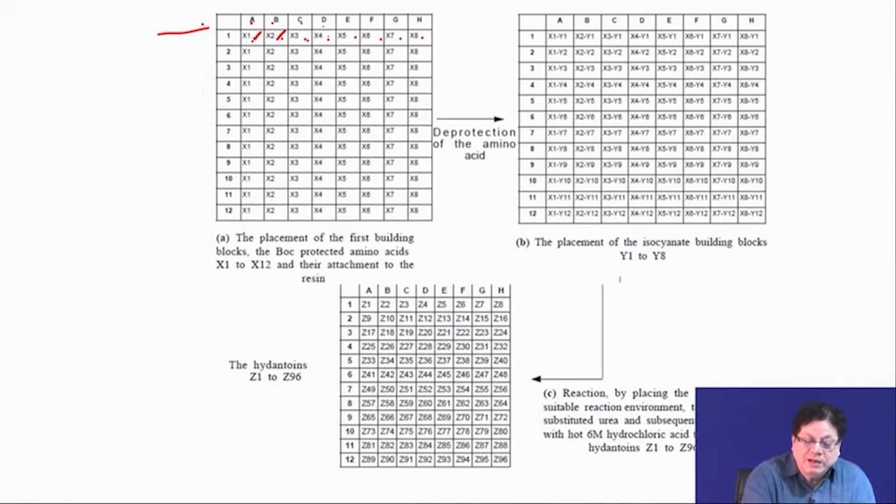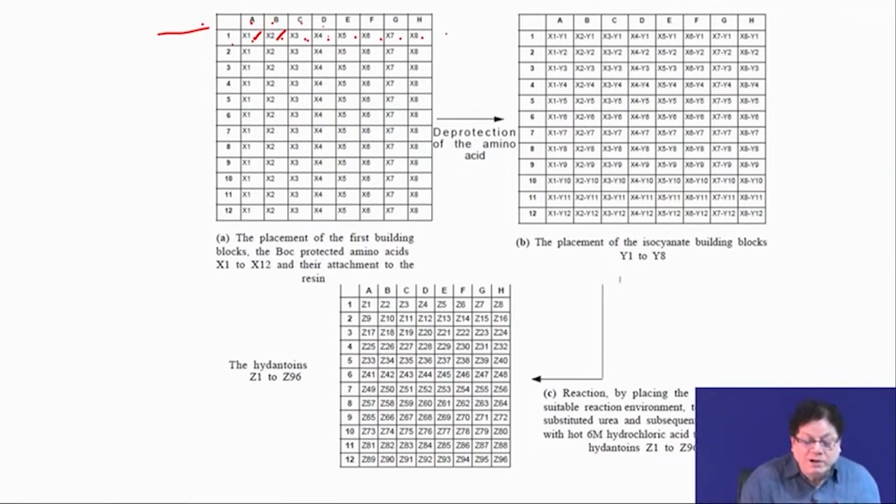Okay. So, here the beads are attached to different amino acids, and in this direction, that means the column, I have the bead attached to the same amino acid. In the rows we have different ones, because these are X2s, this is X1 rows, X3, X4, like that. On this side it is X1, X2, X3, X4, X5.